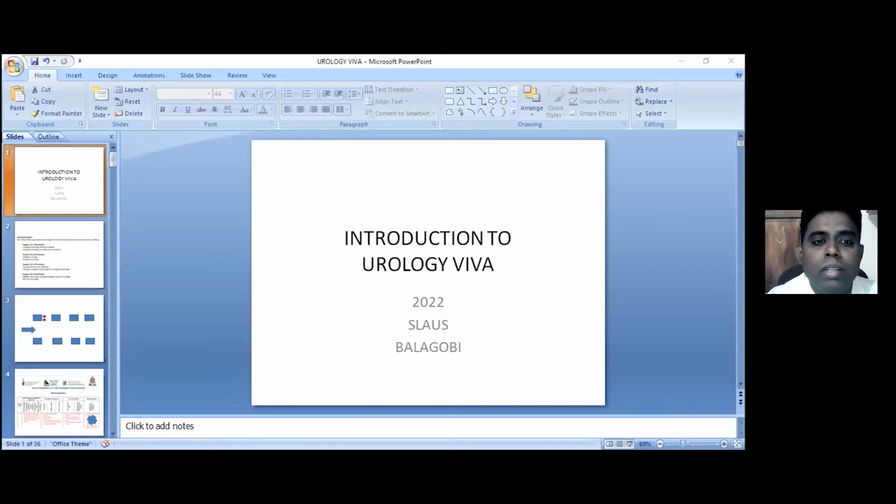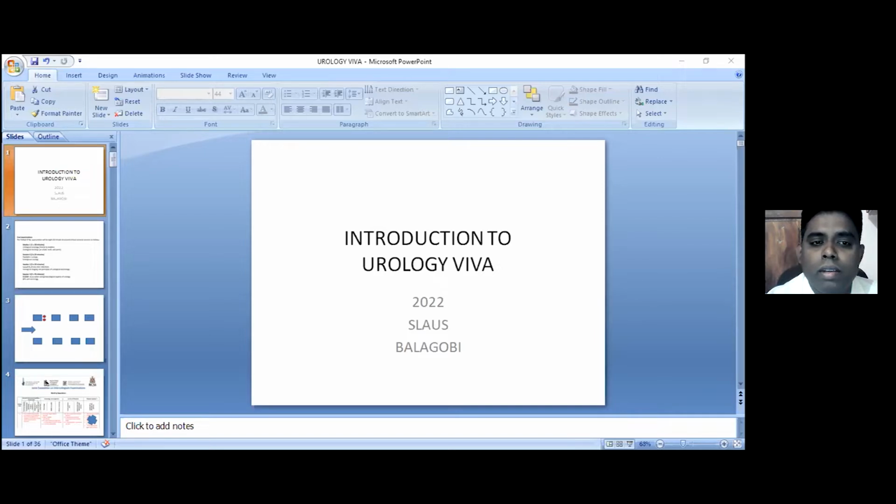For example, the first table will be urological oncology, which will have kidney and bladder. Then oncology 2, prostate, testis or penis.